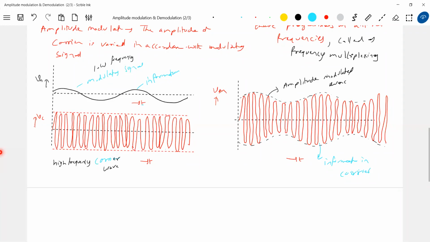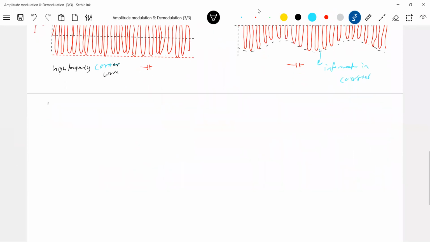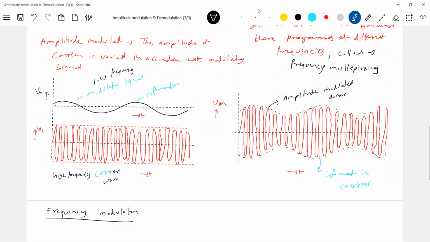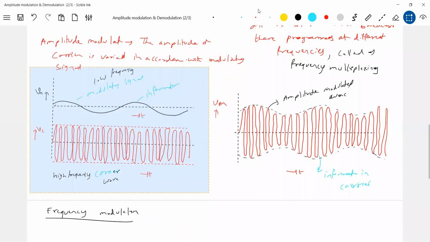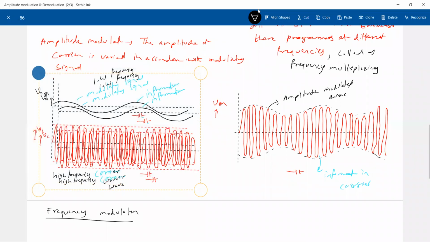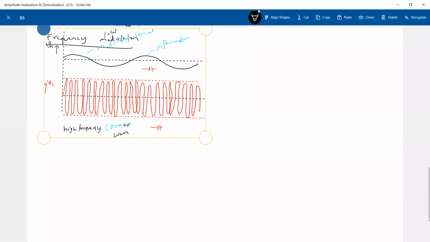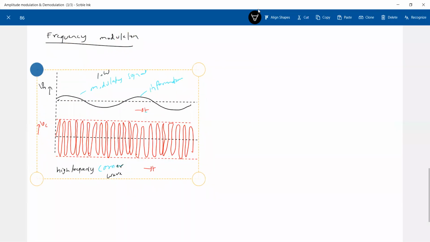Now we have one more, called frequency modulation, because I think comparison will become easy for you. High frequency carrier.